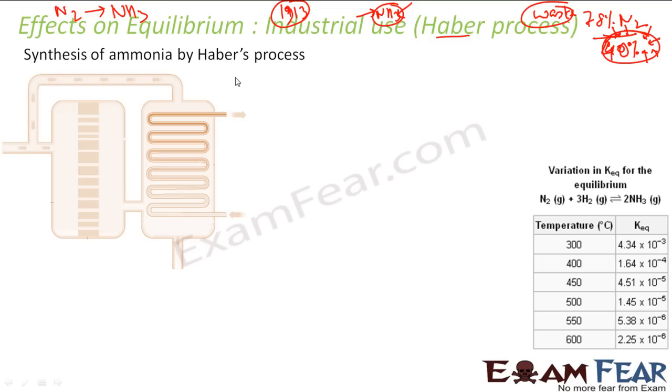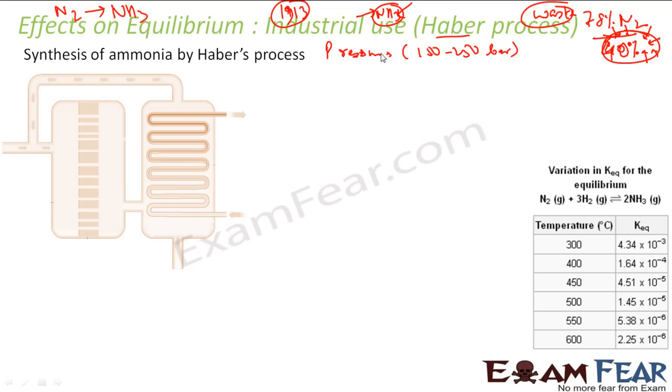And to produce this whole thing, we maintain a high pressure. I'll just write the values here. Pressure we maintain 150 to 250 bar only, because we need high pressure actually, but high pressure will be very costly, right?